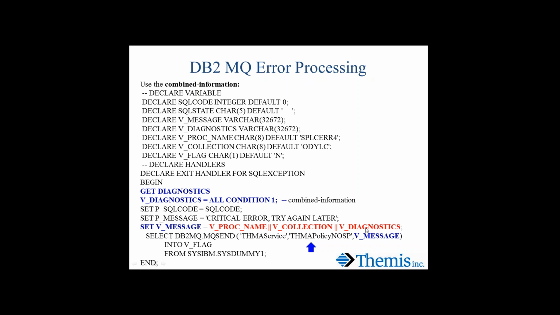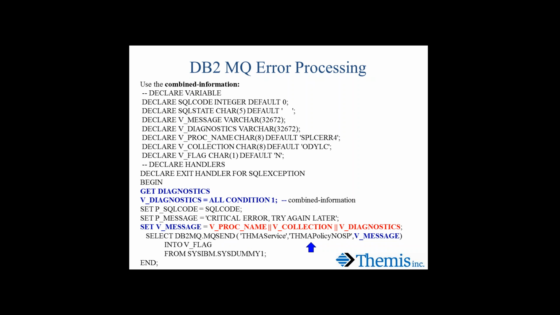I'm going to concatenate that together and put it into my message area. And then I'm going to issue an MQ series send to my MQ service with a policy type of non-synchronized, and then this is the data that's going to be written to that queue.